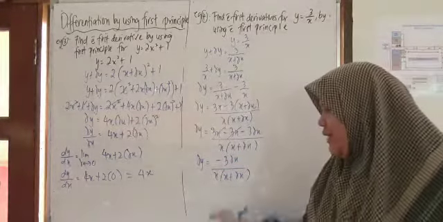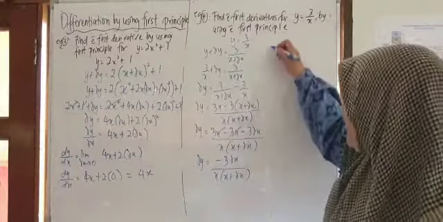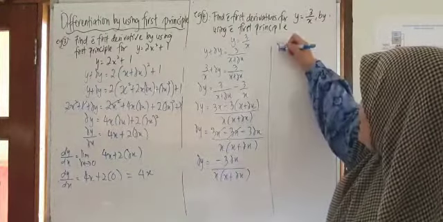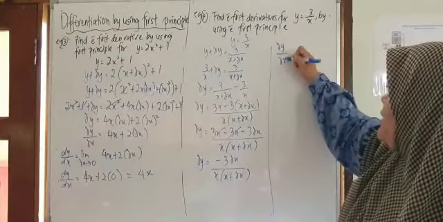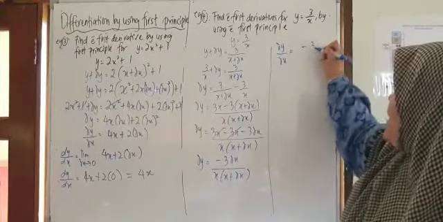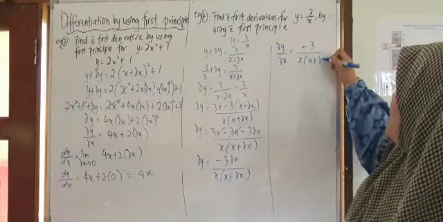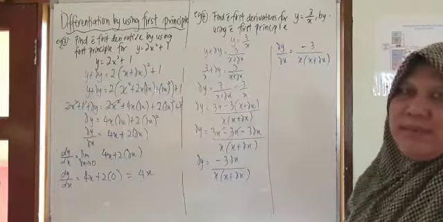So we need to find delta y over delta x. So this is delta x, this is delta y. So we can say delta y over delta x is equal to negative 3 over x times x plus delta x.